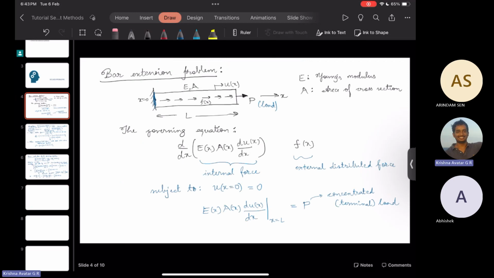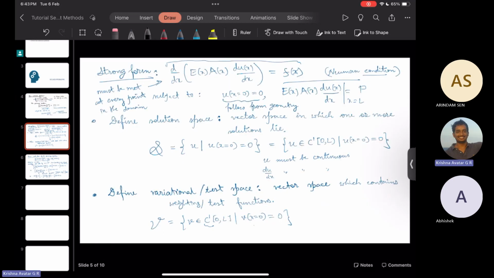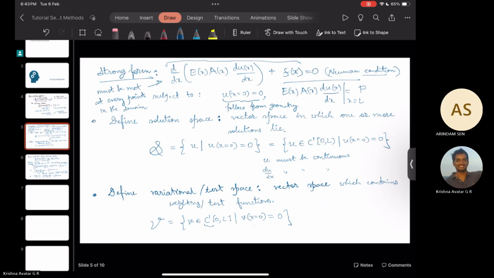I'll just correct it. I'm sure it won't create any problem, but this will just help us. We'll see why we need to do this. Equal to 0, right?